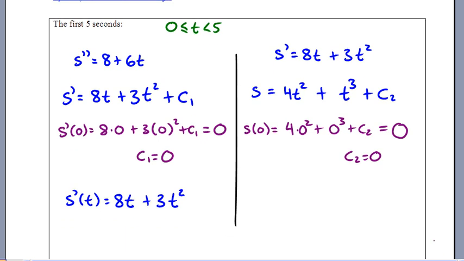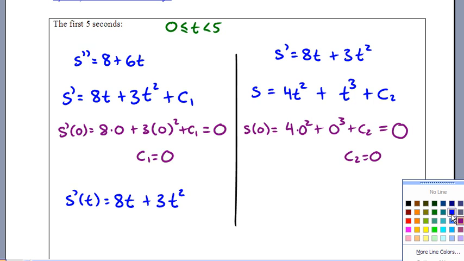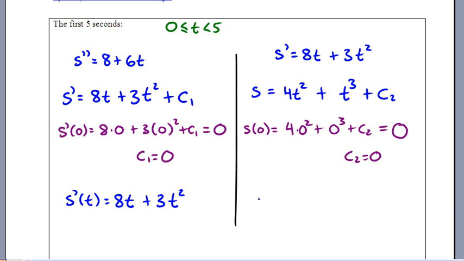Okay, and you might be thinking, oh yeah, they're always going to be 0, or maybe, oh yeah, they're always going to be the initial values. Well, be careful. Take a look at what happens in the next few little segments here. But it is true here that C is 0, and I could say that for the first 5 seconds, the position is given by 4t squared plus t cubed, just that.